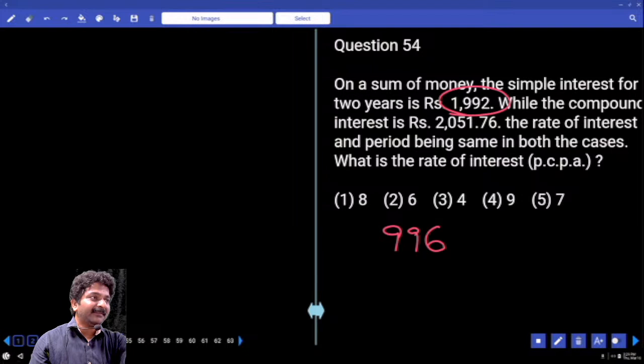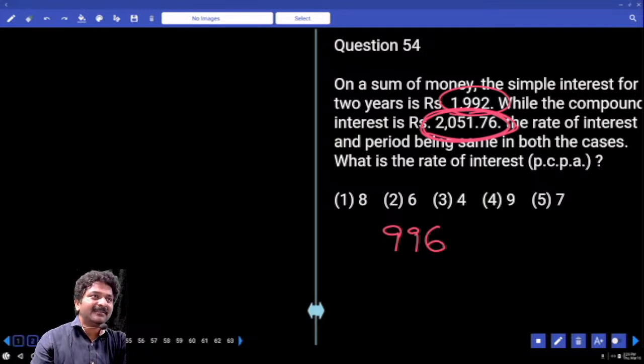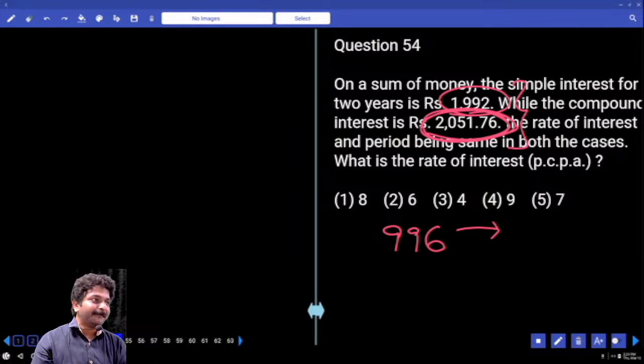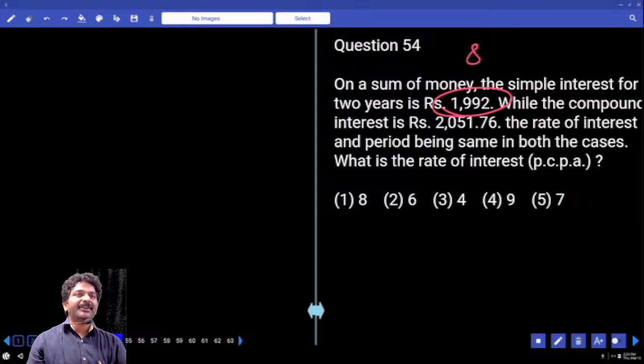996. Correct? Whatever is the difference between simple interest and compound interest for 2 years, that is interest calculated on first year interest only. How much is first year interest? 996. Upon this, when you calculate interest, that is the difference between both the numbers. Correct? 1992. This is how much less than 2000? 2051.76.